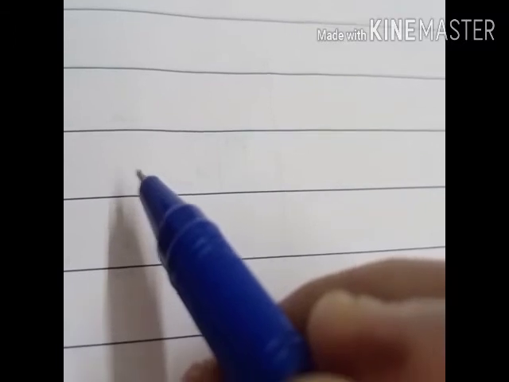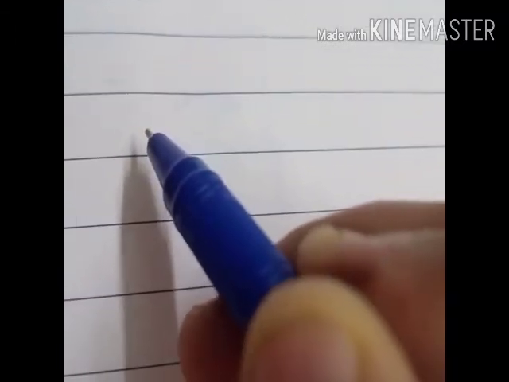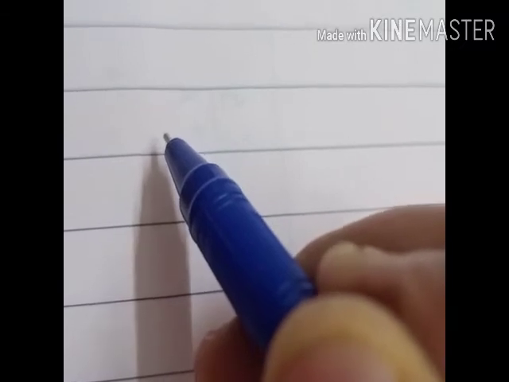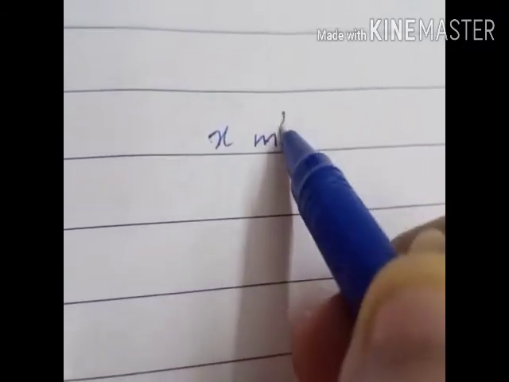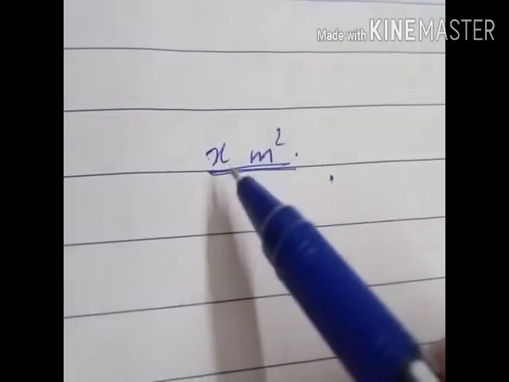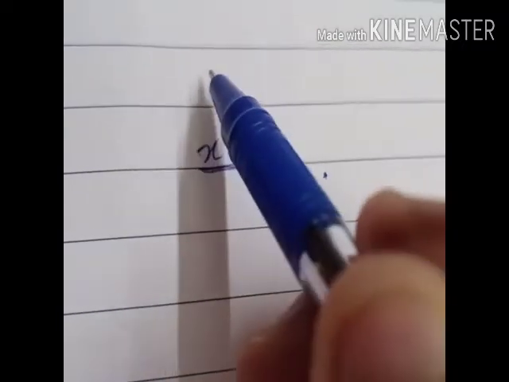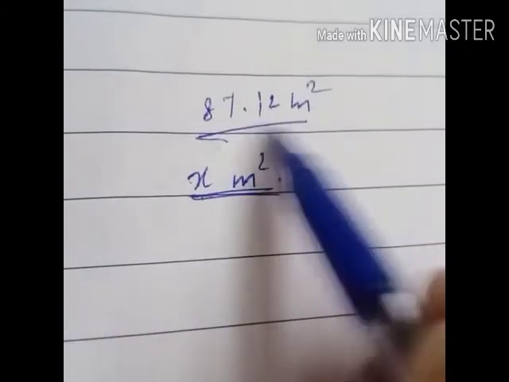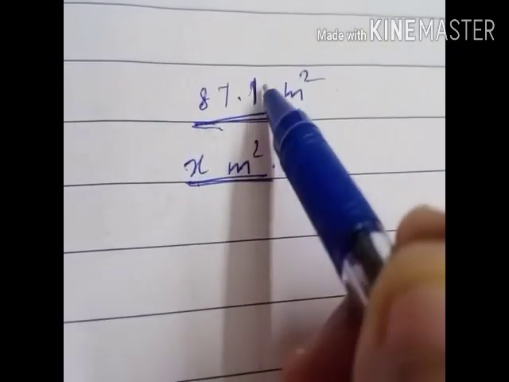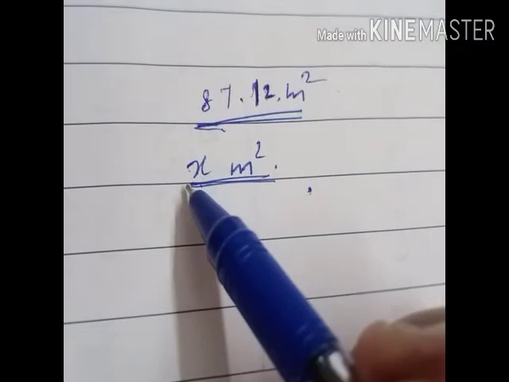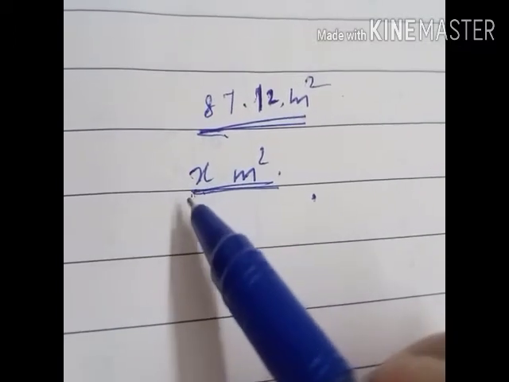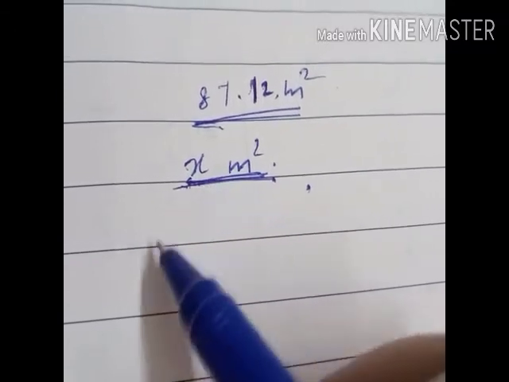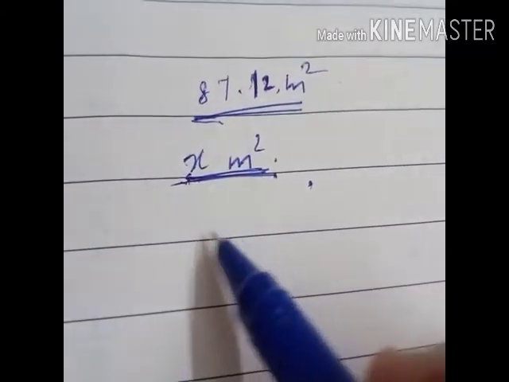According to the question, here we can take the total area of the steel used in making the tank as x meter square. Actually, the required steel is 87.12 meter square, but the area of the steel used is x meter square, and its 1/12 was used as wastage.